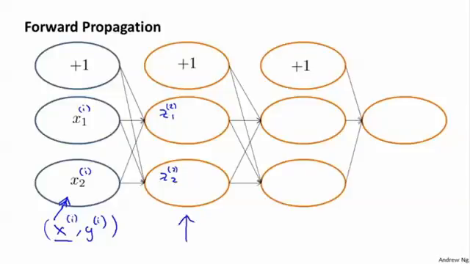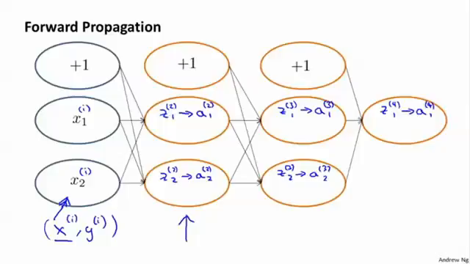Then we apply the sigmoid, or logistic, activation function to the z values, which gives us a21 and a22. Then we forward propagate again to get z31, apply the sigmoid activation function to get a31, and similarly until we get z41, apply the activation function, and this gives us a41, which is the final output value of the neural network.